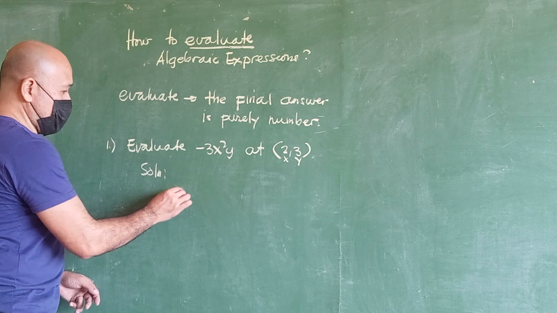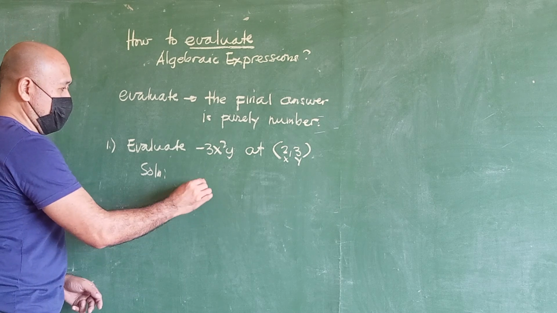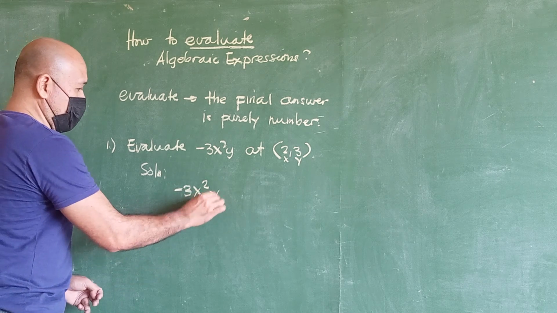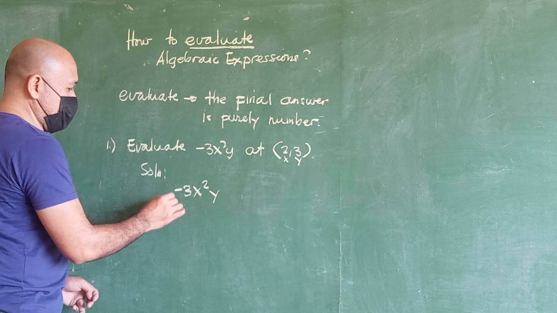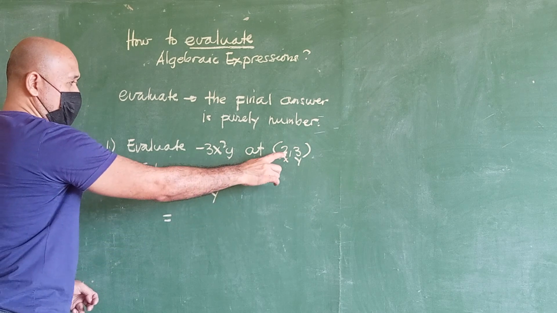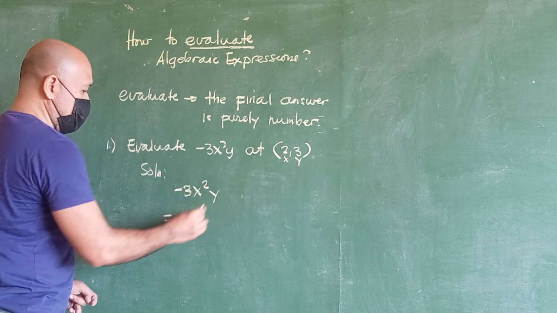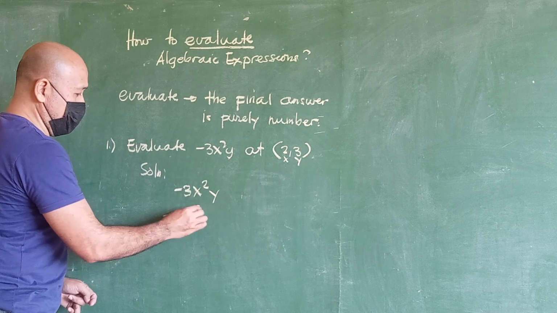So just rewrite negative 3x squared y, and then substitute the given value of x, which is 2, and the value of y, which is 3, so that becomes negative 3 times.